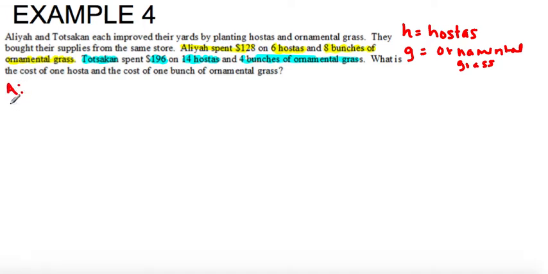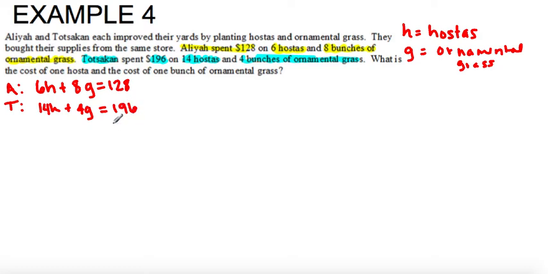Aaliyah's going to have an equation and Tatsukan's going to have an equation. So Aaliyah's equation, 6H, 6 hostas, plus 8 ornamental grass, so 8G, and that all equals 128. And then Tatsukan has 14H plus 4 ornamental grass, so 4G equals 196.